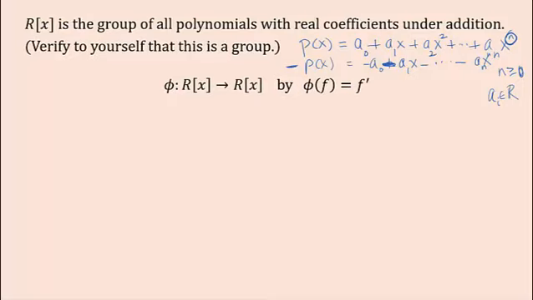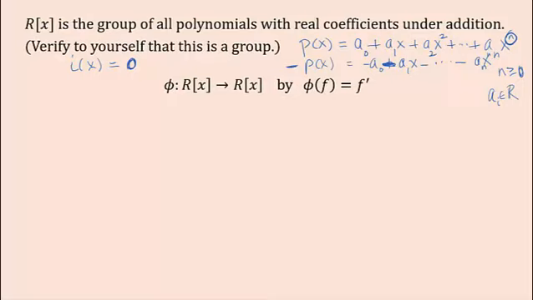And the identity now, it's not I of x equals x. That's when multiplication, or function composition, is the operation. This is just simple addition. So the identity, I'll call it I of x, is simply the constant polynomial whose graph is the x-axis. So R[x] is a group.